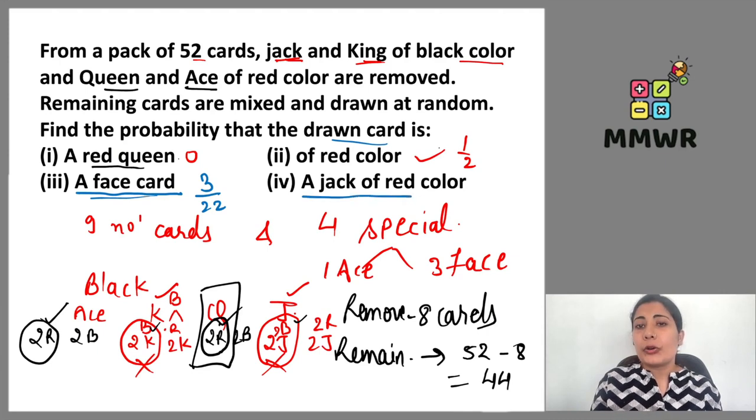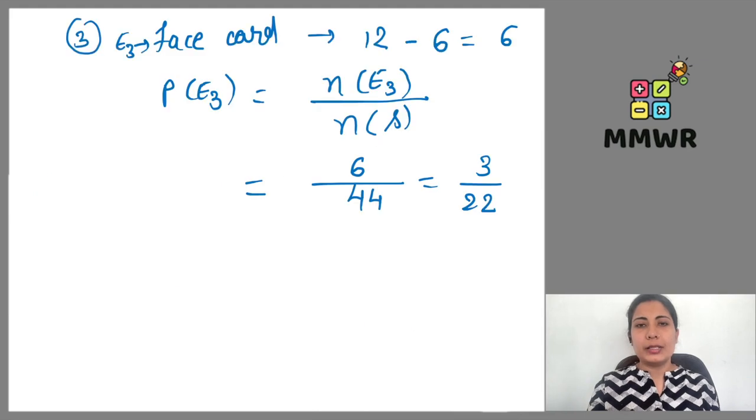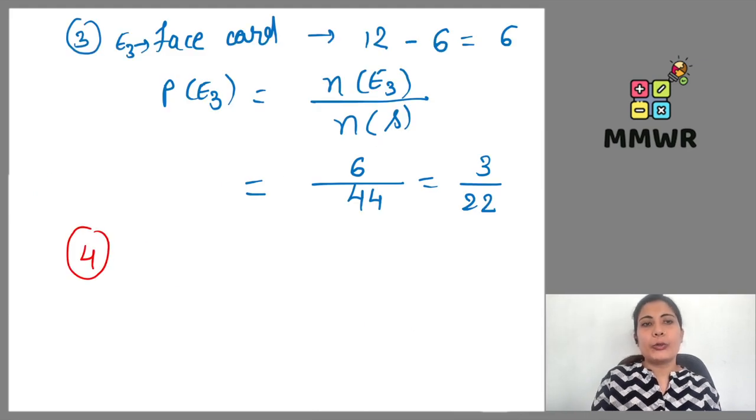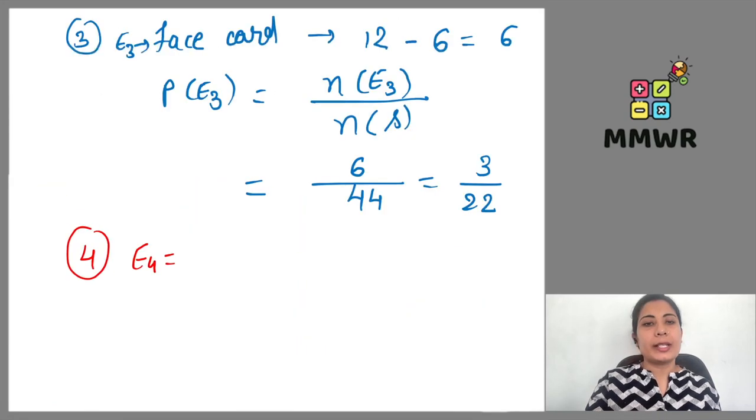Next is the probability that the drawn card is a jack of red color. It should be a jack card of red color. So how many red color jack cards do we have? 2 jack cards are there of red color and 2 are black color, and the black ones we have already removed. So remaining we have only 2 jacks. So event 4 is the jack of red color.